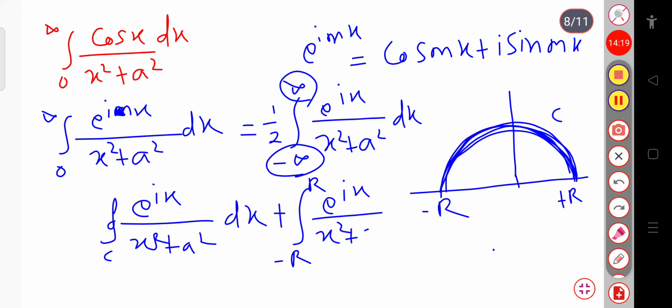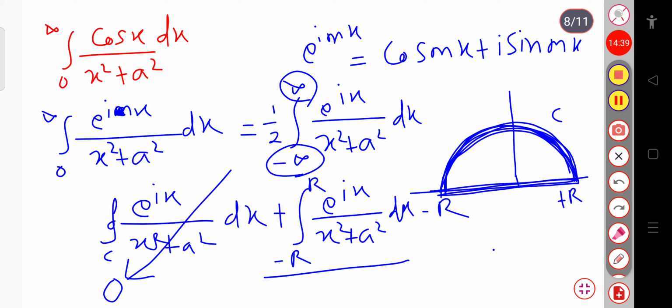There are two terms for this total contour. Total contour means this c plus this minus r to plus r. So for the semicircle, from Jordan's lemma, I can directly put this as 0. Now I have to calculate for this term only.